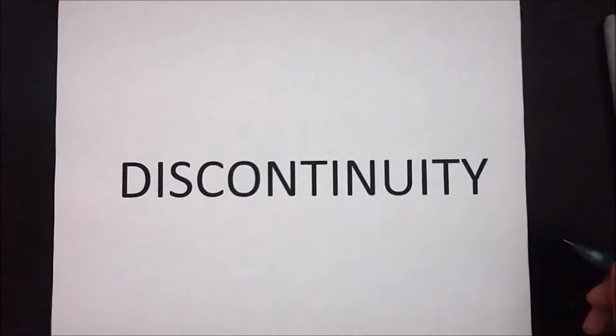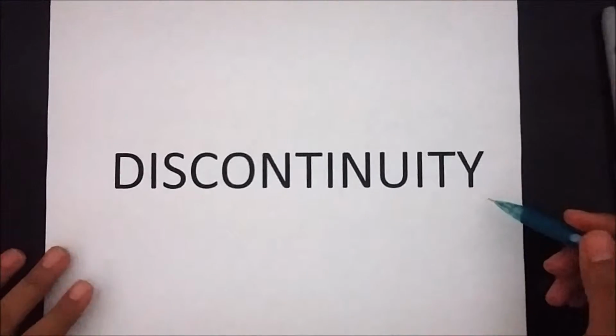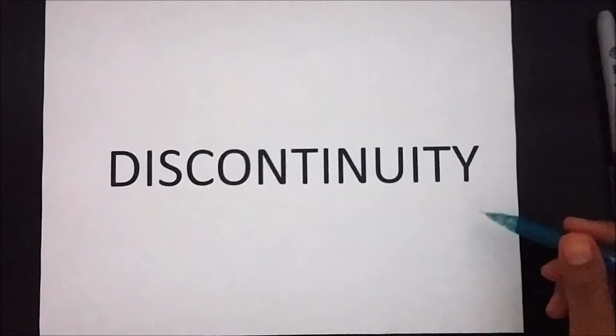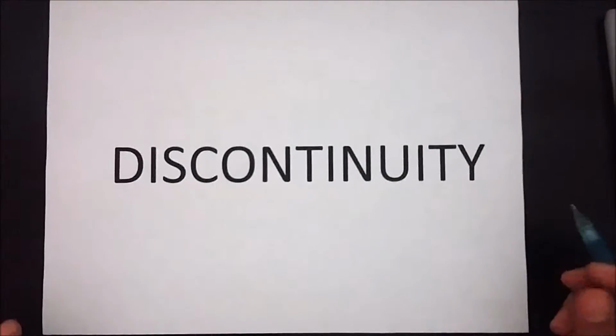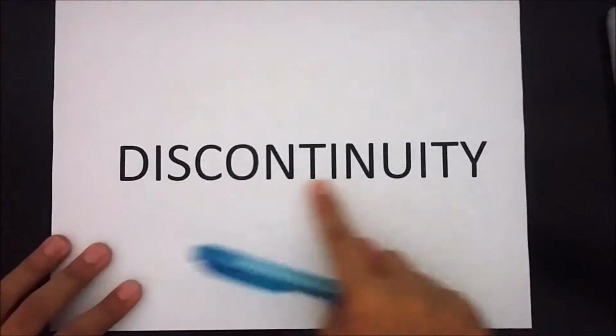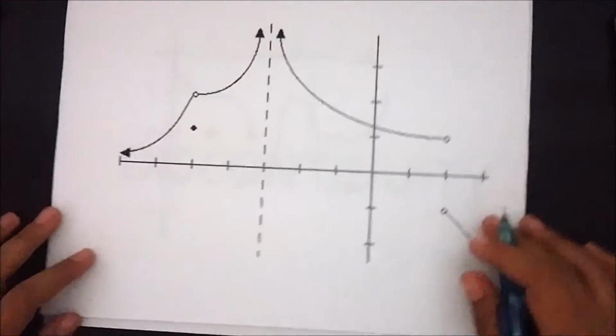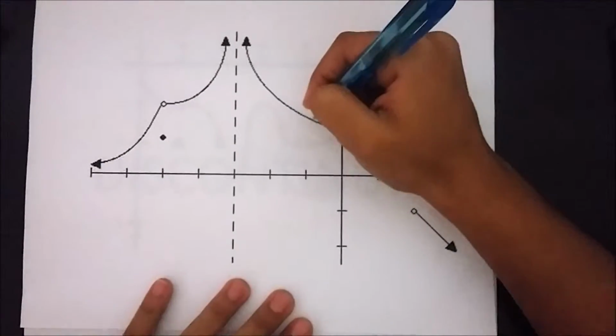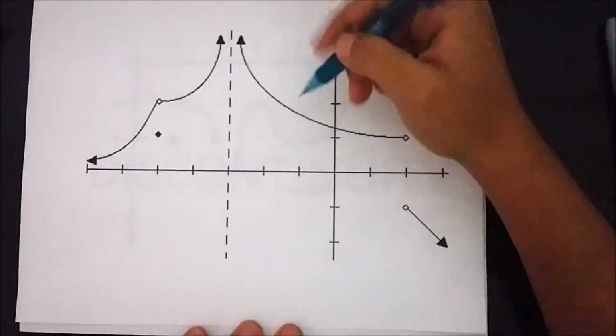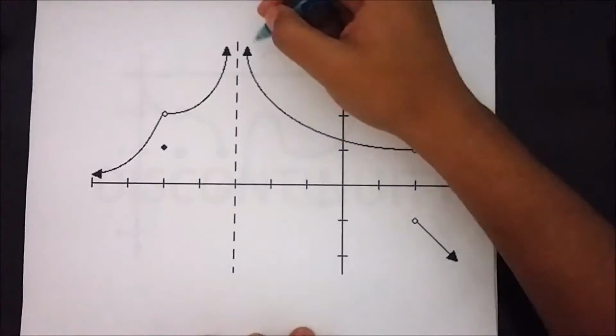Now I'm going to explain the concept of discontinuity. But first, to know what discontinuity is, we have to know what continuity is. In a graph, continuity is when it's a complete curve or a complete graph.